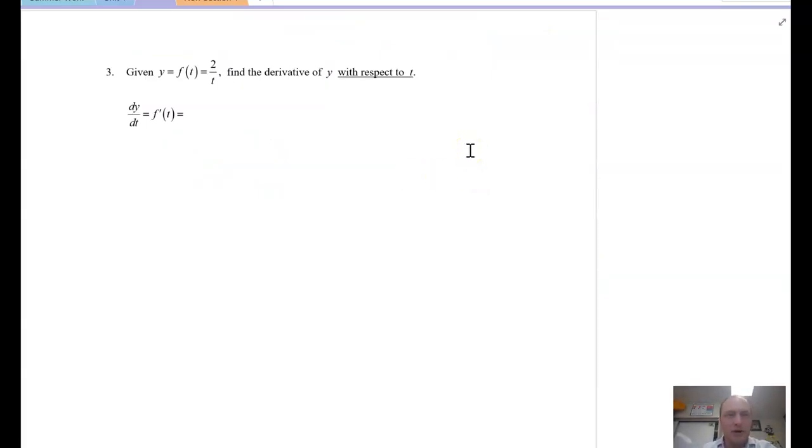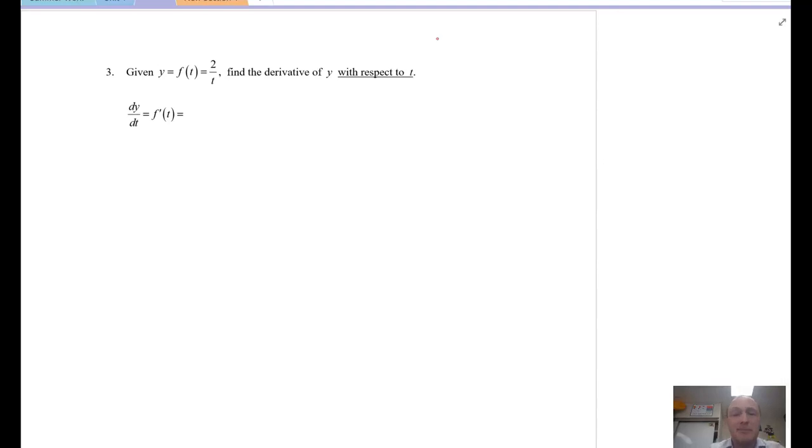So what we're going to go ahead and do, we'll use the same limit definition. Given y equals f of t equals 2 over t, find the derivative of y with respect to t. So all they're doing is substituting out the variable x, and now we're going to use t. Oftentimes this is used when we're talking about time, real-world contextual problems.